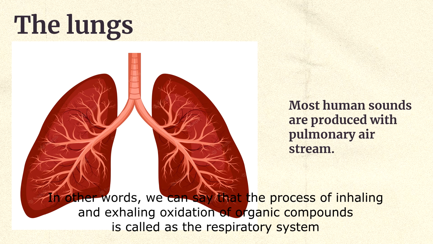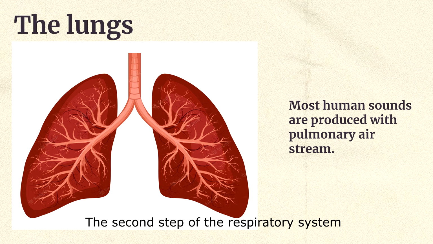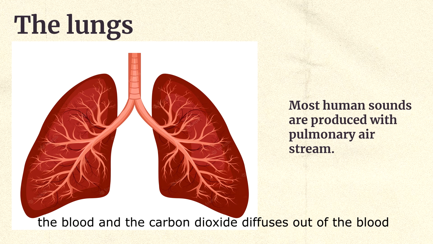In other words, we can say that the process of inhaling and exhaling and oxidation of organic compounds is called the respiratory system. The first step is bringing air rich in oxygen into the human body. The second step is gas exchange in the lungs, where oxygen diffuses into the blood and carbon dioxide diffuses out of the blood.